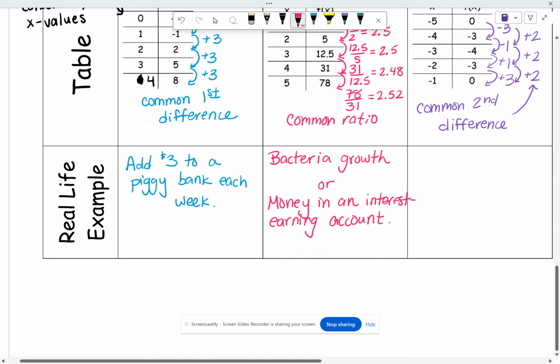Like if you have money in a savings account that earns interest, or money in, I don't know, a CD that earns a certain percentage of interest.